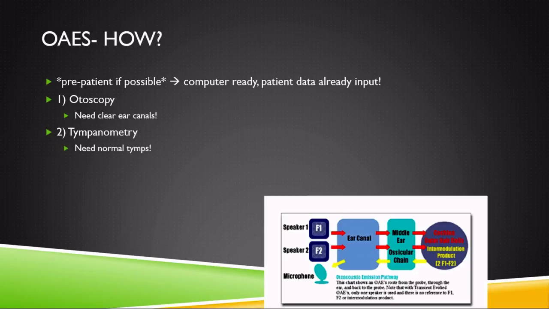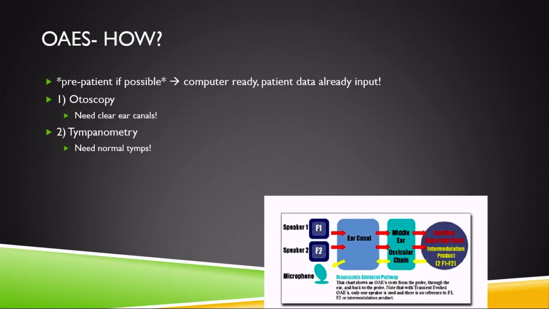If you have something like a type A sub D or A sub S tympanogram, you can probably still do OAEs. If you have a type C tympanogram, whether or not you're going to get OAEs is going to be questionable.